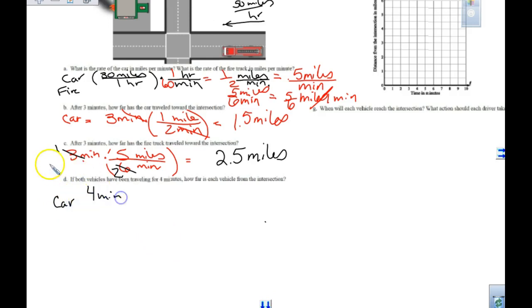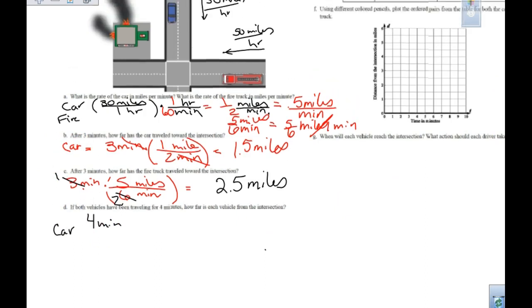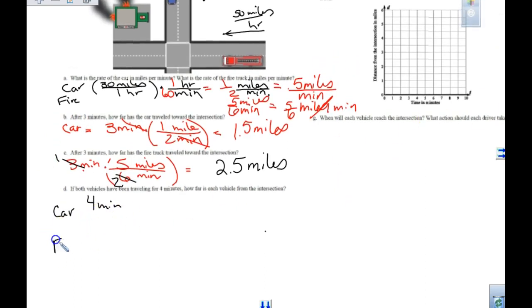You're going to do it exactly like we did up here. You're going to do the same thing for the fire truck, right? You're taking your 4 minutes and you're taking it times. Is that my answer when I took the 4 minutes times a half and the 4 minutes times the 5/6? Is that what it asked?